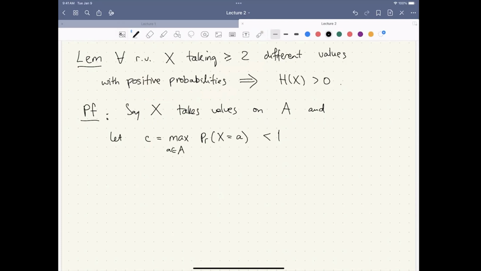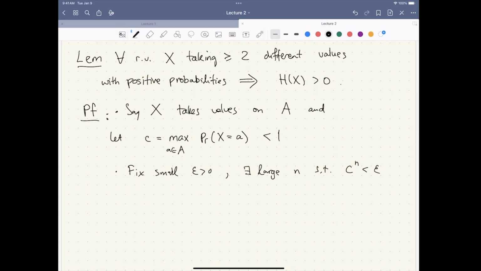Now, since it's strictly less than 1, let's fix a small epsilon positive. No matter what epsilon we fix, since C is smaller than 1, we can take sufficiently large N. There exists large N such that C to the N is smaller than this epsilon that we took. Now we're doing some sort of tensor power trick.